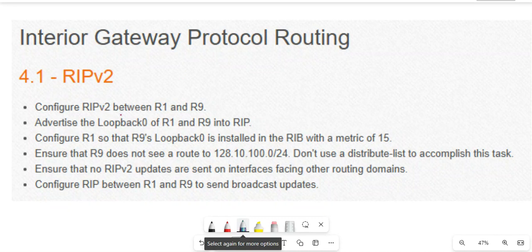It says we should use RIP version 2 instead of RIP version 1, and advertise loopback 0 of router 1 and R9 into RIP. We can advertise this loopback by the network command.